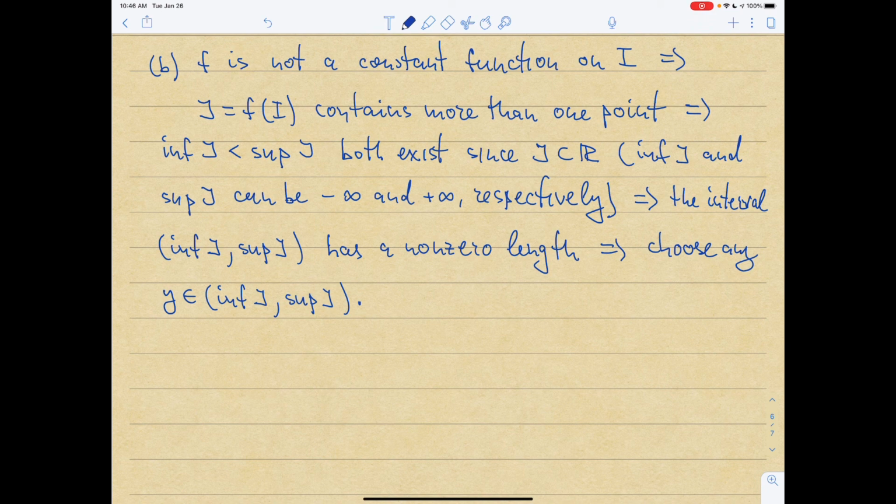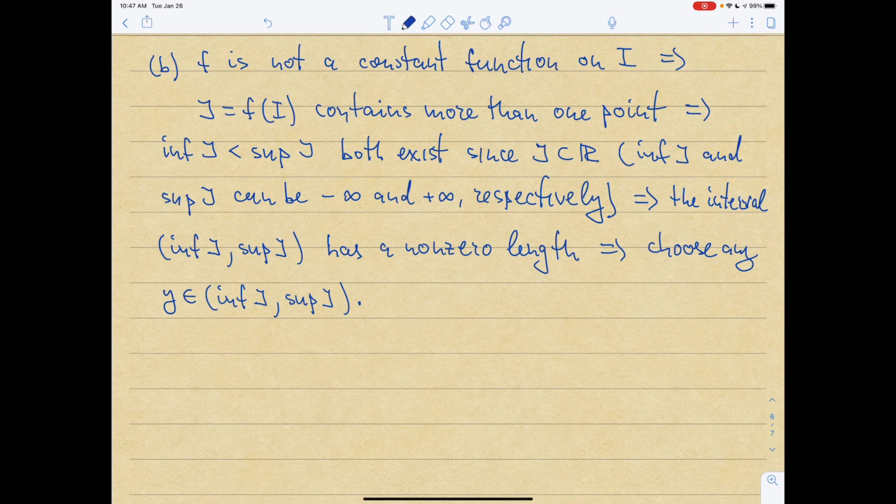We said that J is the range of the function, but that range is not necessarily a closed interval in the sense that its infimum and supremum might not be values of the function at all. So in that sense, applying the intermediate value theorem here is not going to work, right? Because it relies on the fact that we're working on a closed interval.